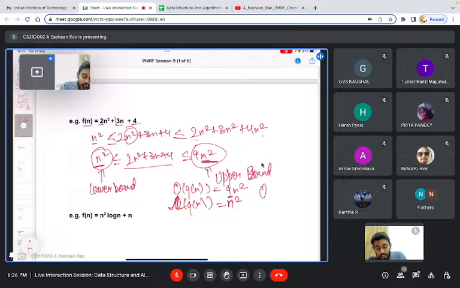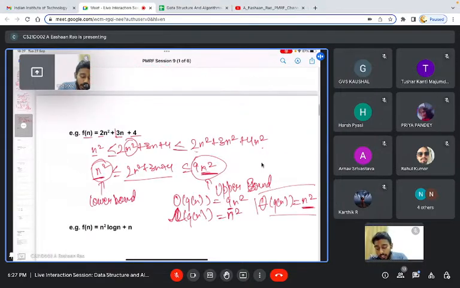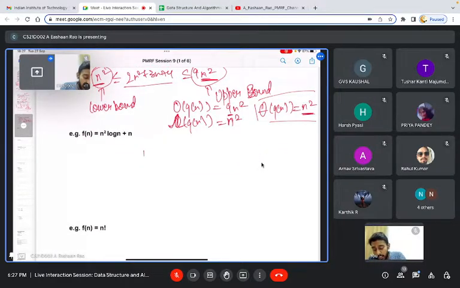And then for theta of g(n), you can give n^2 eventually. So the average aspect of this particular function will be n^2. This is one way. Now for the second question, we try n^2 log n + n. Here we will find the lower bound and the upper bound.